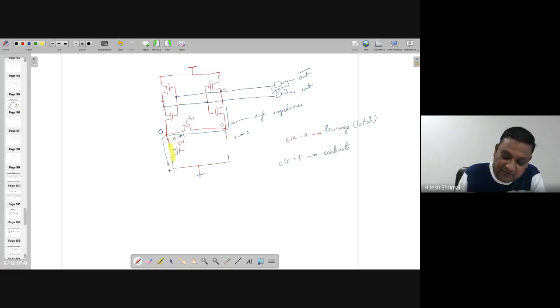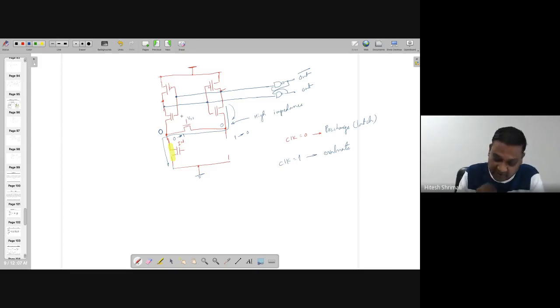Otherwise, if you don't keep this one, then the other part will be VDD minus VTN, because this was earlier connected to VDD and the other side will go to VDD minus VTN, and the whole thing is acting in such a way that one side is VDD and one side will flip to 0, and that will make the other side go in a differential mode, right?